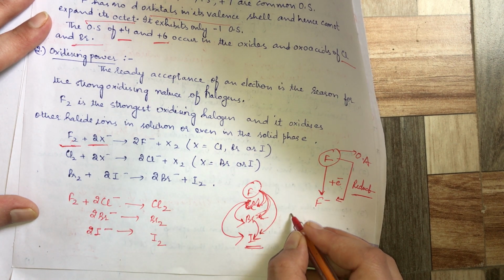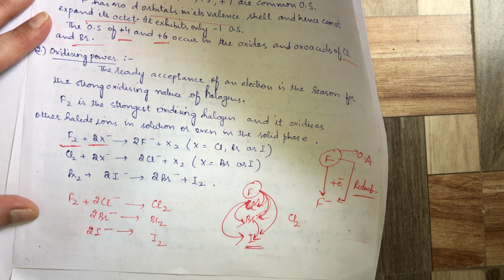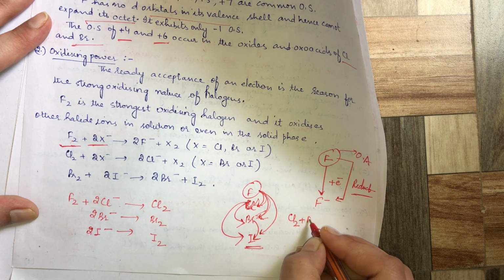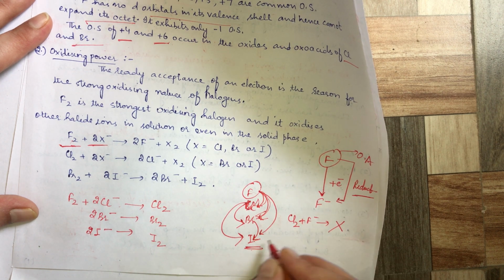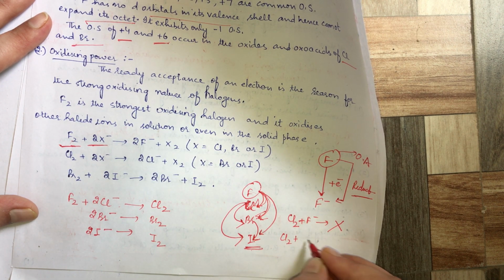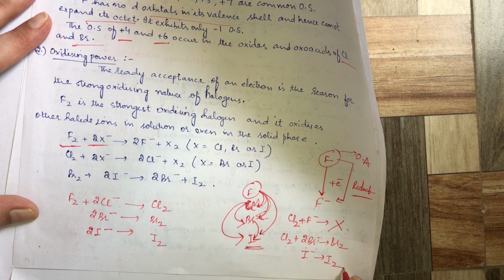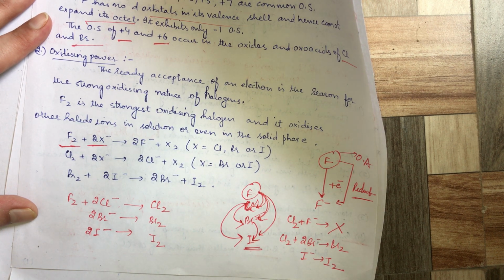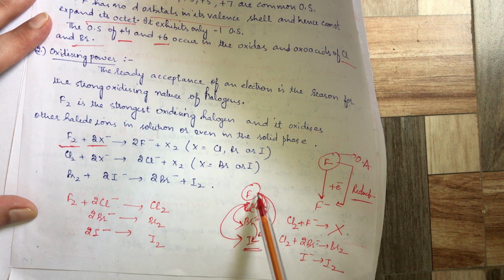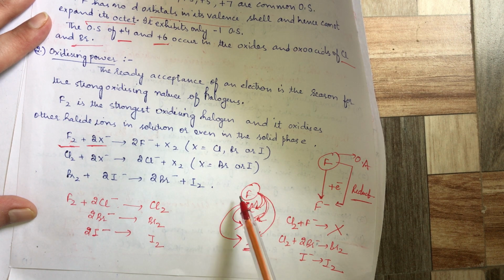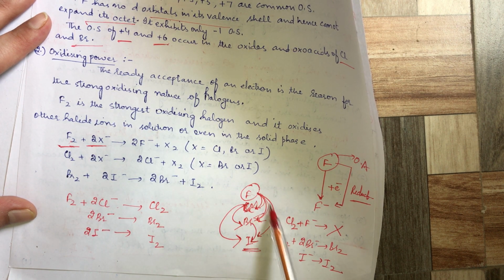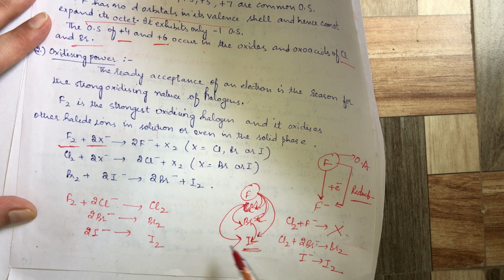But Cl2 will not be able to oxidize fluoride. So if you have Cl2 and F-, nothing is going to happen. Cl2 will only oxidize Br- to Br2 and I- to I2. You getting my point? So again, the element which is above will be able to oxidize all the ions which are under it, right?